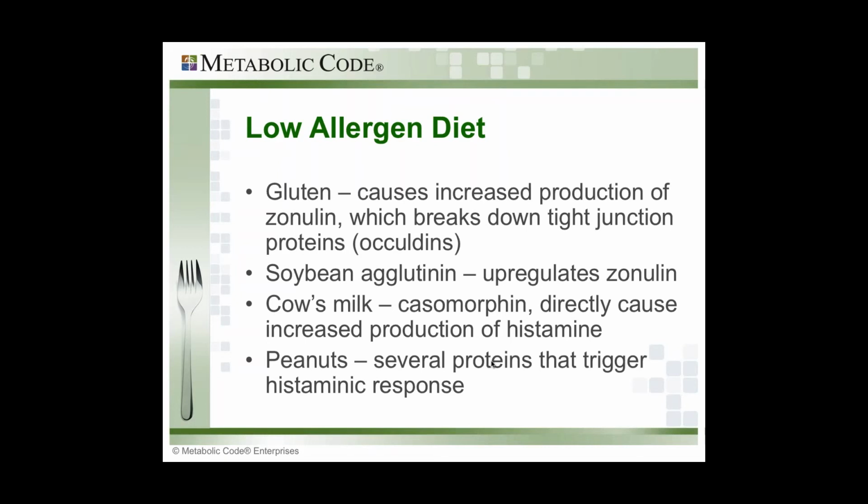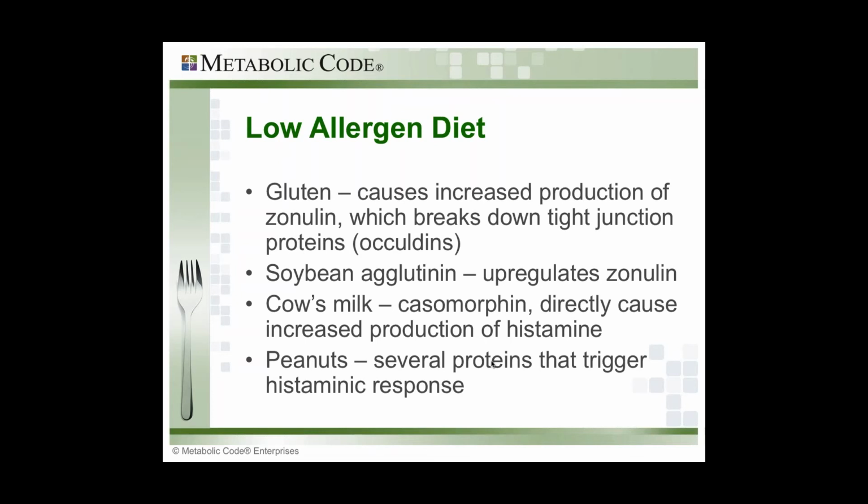And so those are the people that are going to be more impacted when they eat gluten-containing grains. In addition, I don't think a lot of people know that soybean agglutinin can upregulate zonulin. Now, with cow's milk, it's not necessarily a zonulin issue. What you see in the research is that the casomorphin, which is a substance in cow's milk, directly causes the production of histamine. And same with peanuts. There are several proteins in peanuts that trigger this histaminic response.